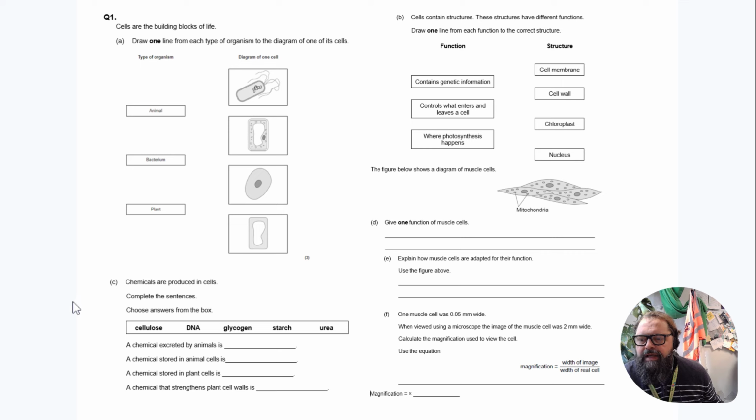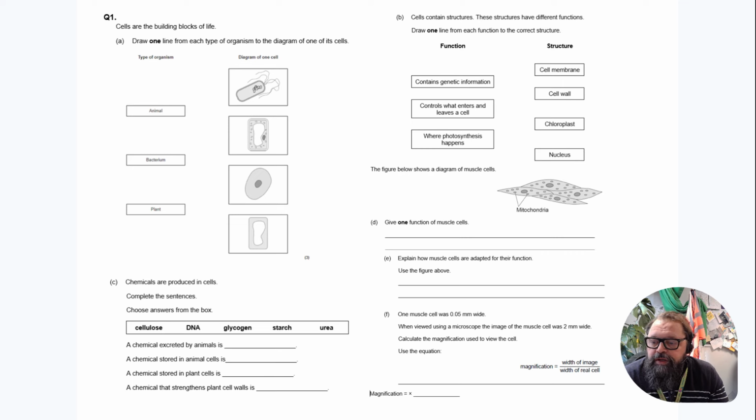Down here to part C, it says chemicals are produced in cells. And we've got some sentences to complete with the words that are in the box. A chemical excreted by animals, something you get rid of. Two things you excrete are carbon dioxide and urea, and only one of those things is on the list, so pick the right one.